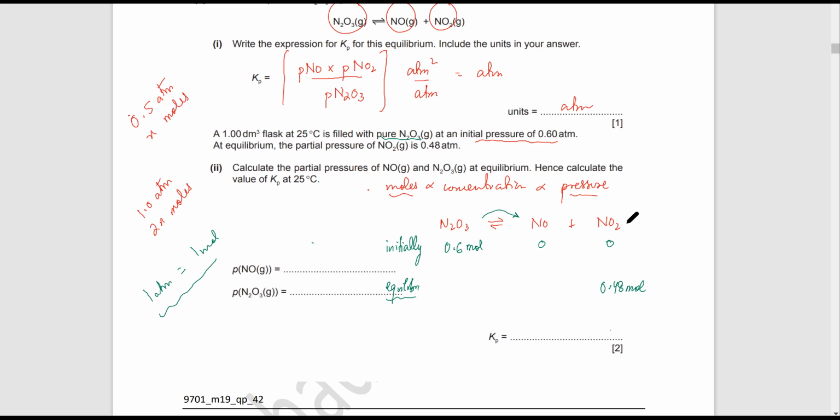But if one molecule of NO2 is produced, an equal amount of NO would also be produced. So if 10 molecules of NO2 are produced, 10 molecules of NO would also be produced. So if 0.48 moles of NO2 are produced, there are going to be 0.48 moles of NO also produced in this reaction. Is this clear?